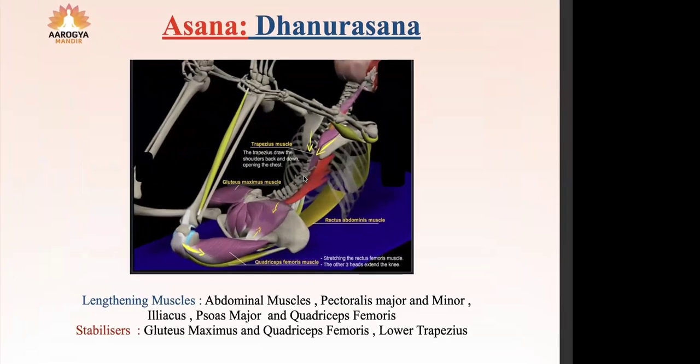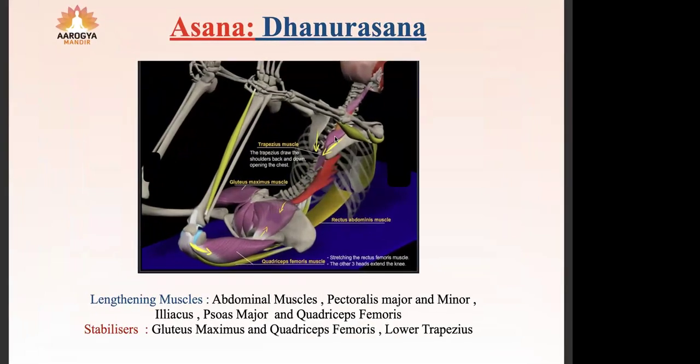Now, this has stabilizer muscles. So what are the stabilizer muscles? You can see over here the trapezius is basically helping to perform this posture. Here the erector spinae is less used and more stabilization is done by the gluteus maximus, but they are not actively contracting.